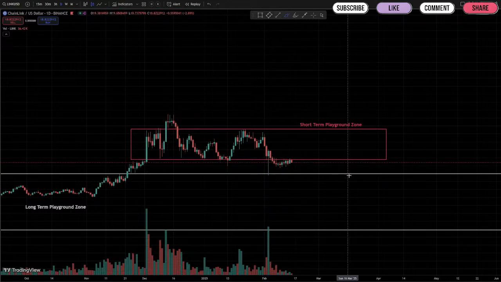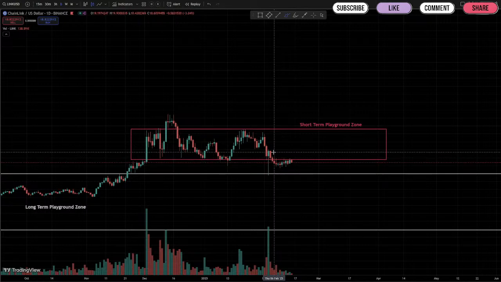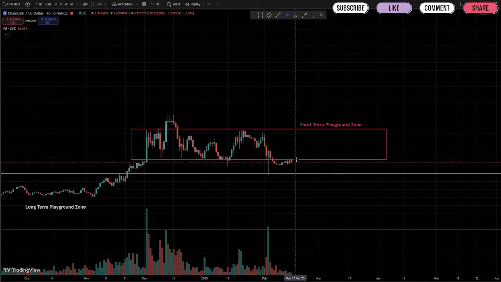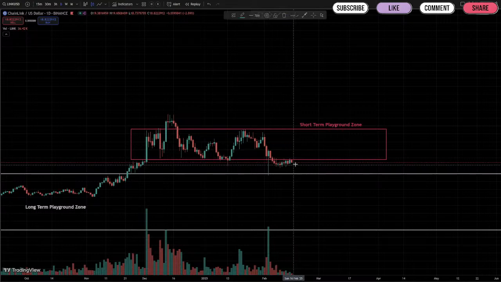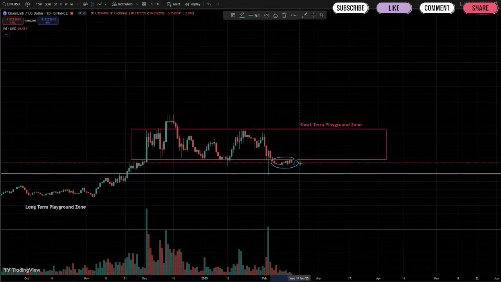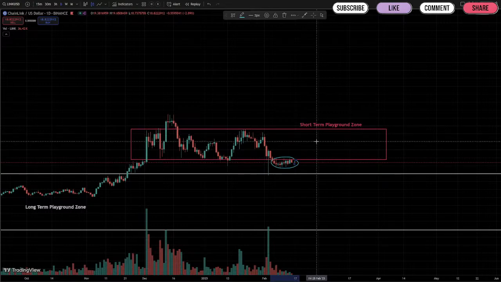The more exciting area, and then there seems to be more people trying to sell, and right now for the entire week last week, or probably started from last week I should say, and the entire week this week, the price wasn't able to reclaim or go back to the short-term playground zone.